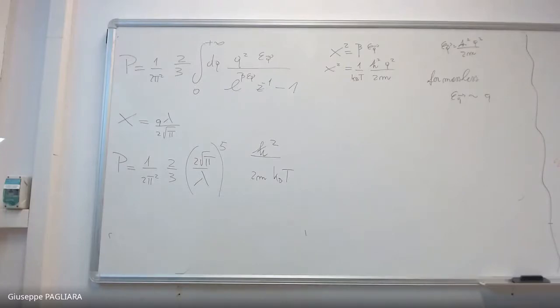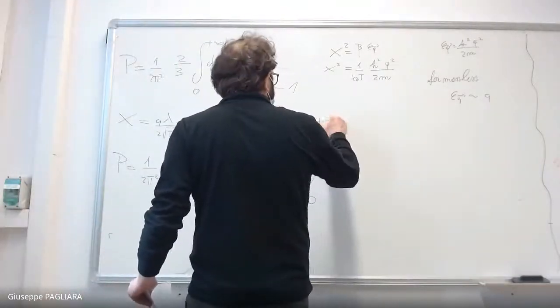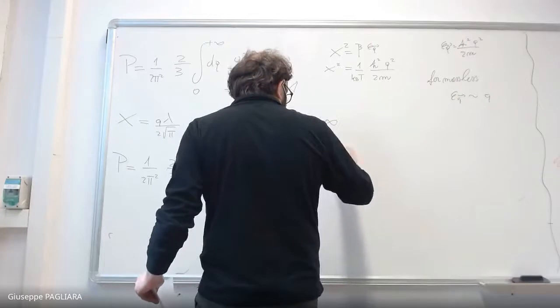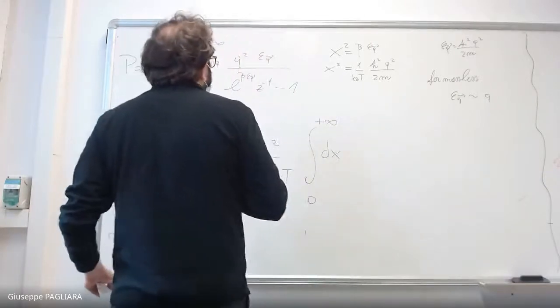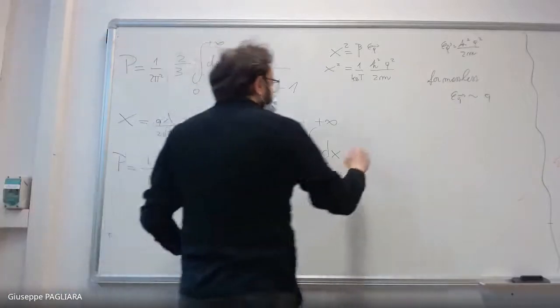H-bar squared over m. And then we have the integral from 0 to plus infinity of dx. And here I can now put x to the power of 4.